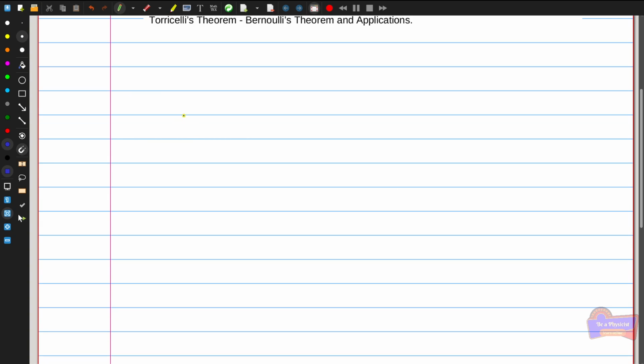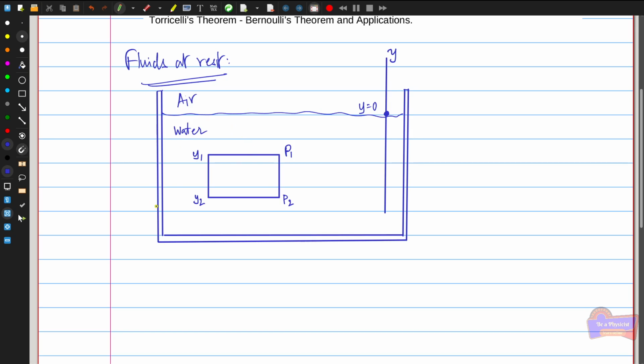First, we are going to study the pressure of the fluid at rest. So, fluids at rest. We take a container, and this container is filled with water up to some height h. Suppose we take as a reference point the point where the water and air meet.